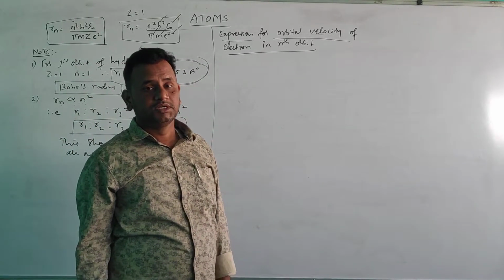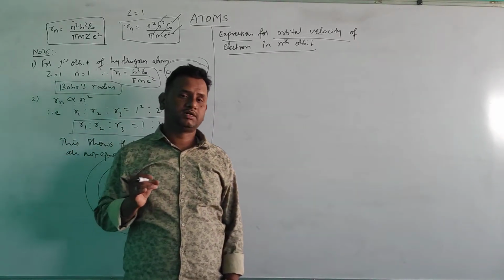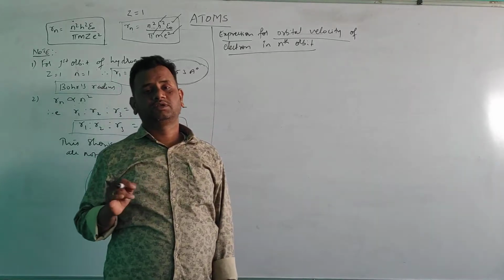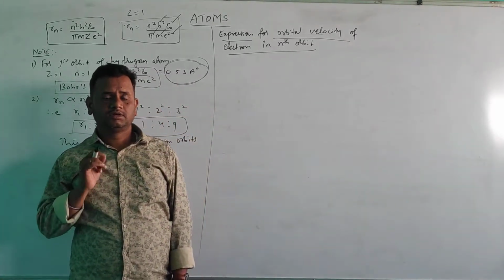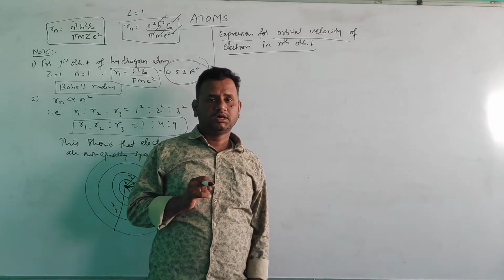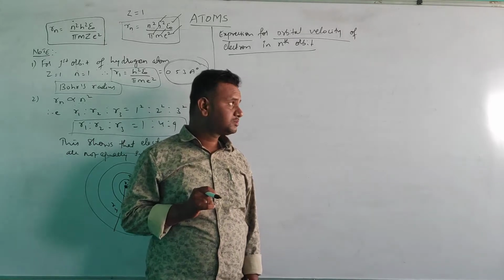There I considered an electron of mass m which revolves around the nucleus. The nucleus has a charge of plus Ze, and the charge of the electron is always negative.